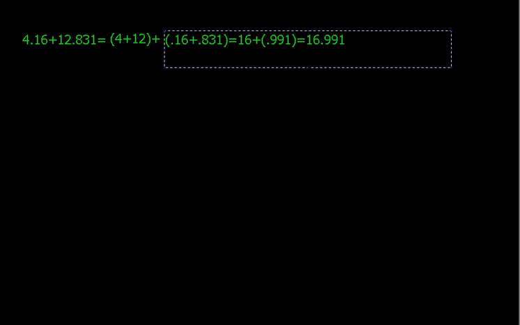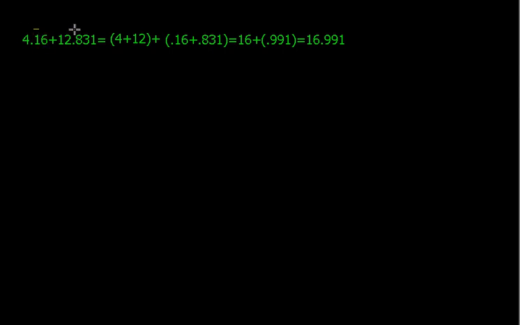But if you're going to pay attention to significant figures, you're not done yet. For addition, you look and see which one of these numbers has the fewest digits after the decimal point.